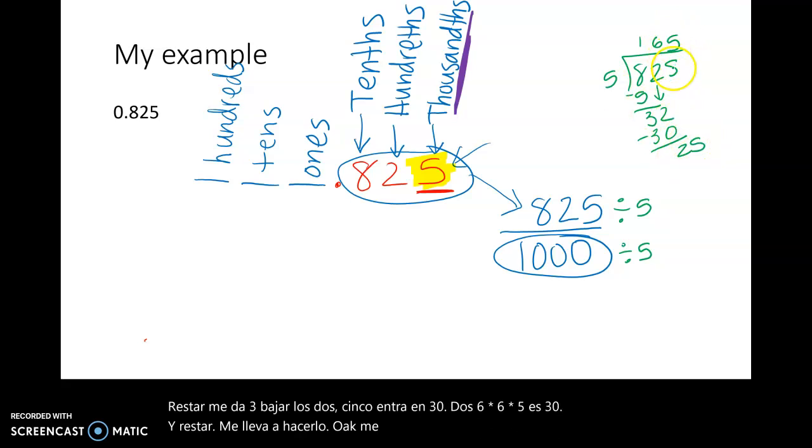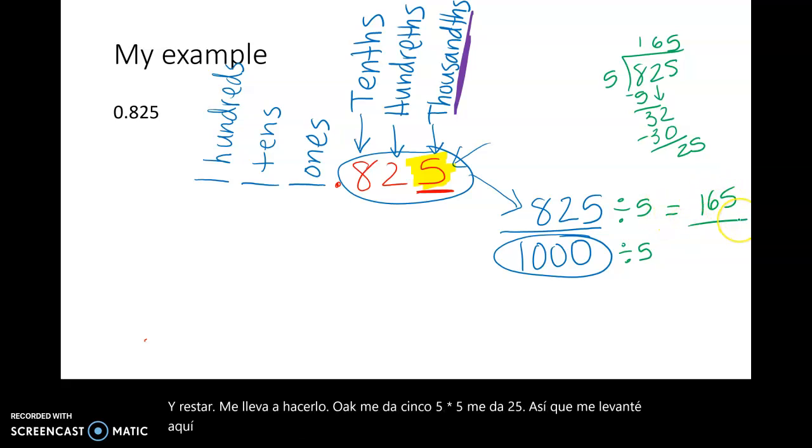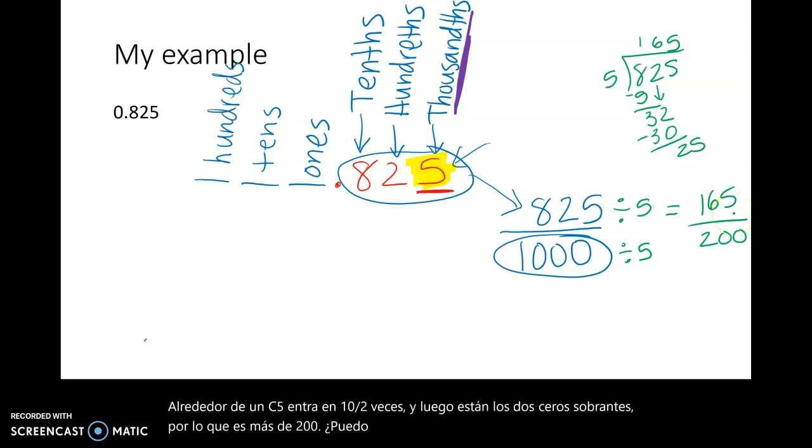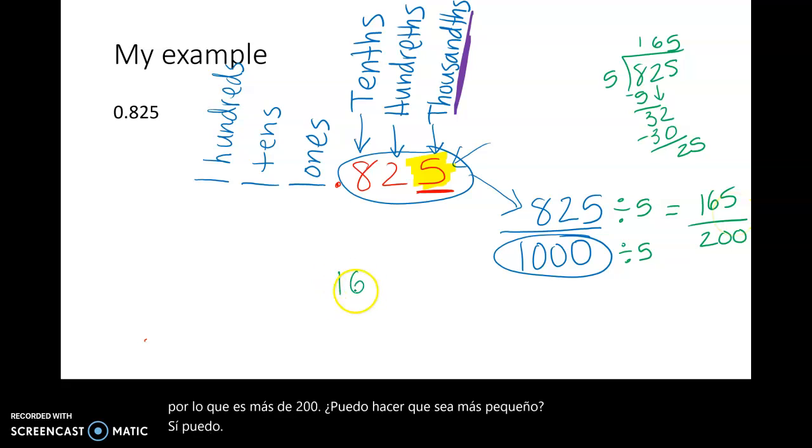So up here I got 165 over. I need 1,000 divided by 5. 5 goes into 10 2 times, and then there are 2 zeros left over, so it's over 200. Can I make that any smaller? Yes, I can. So 165 over 200. Let's divide by 5 again.